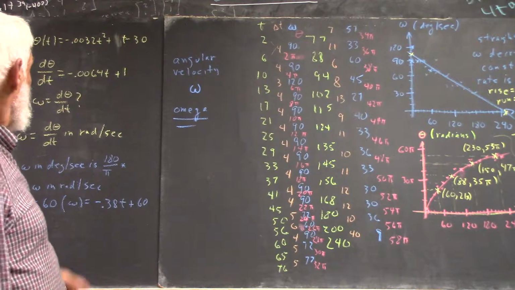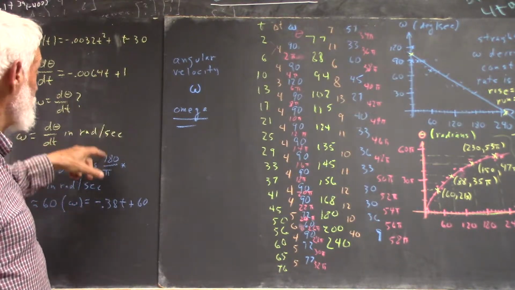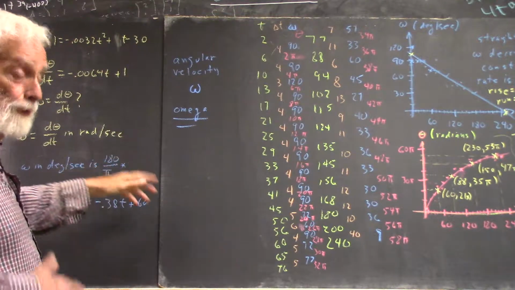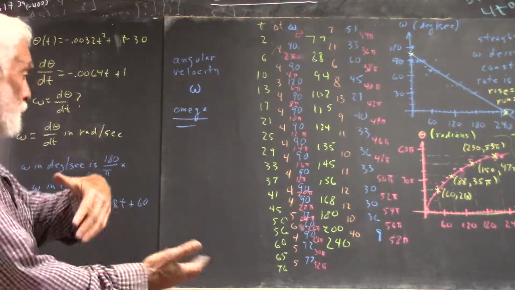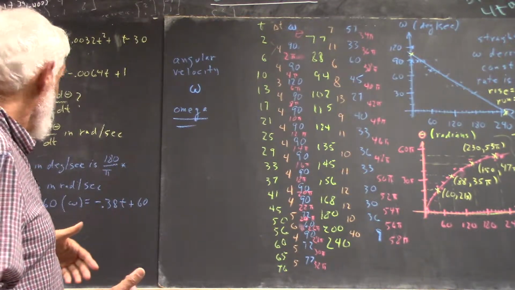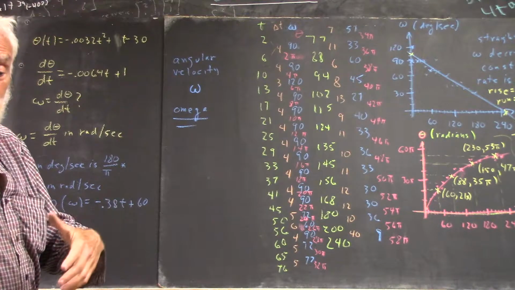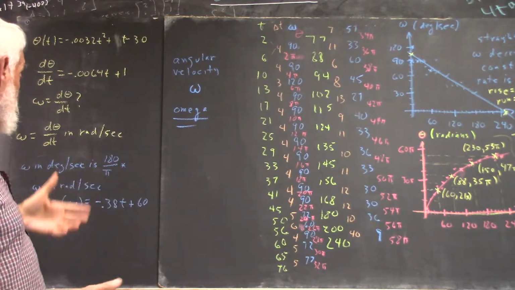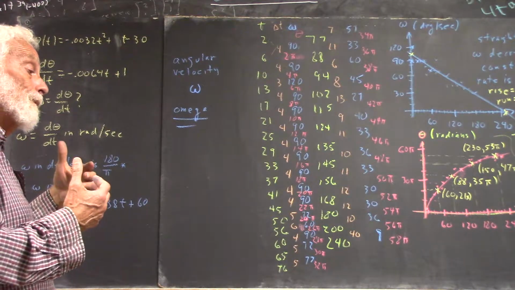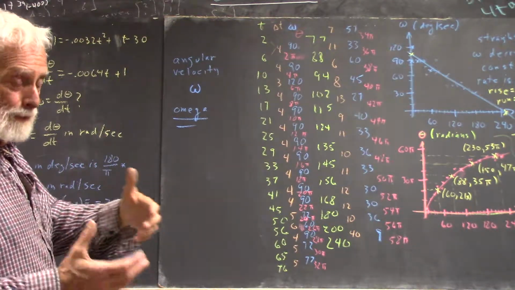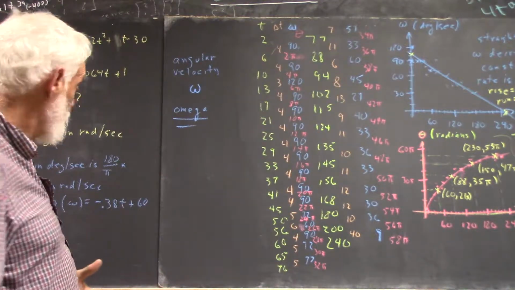Okay? Degrees, well, a radian is 180 over pi degrees, because a 360 degree rotation is a 2 pi radian rotation. So 2 pi radians is 360 degrees, so pi radians would be half of 2 pi radians, half of 360 degrees, 180 degrees.